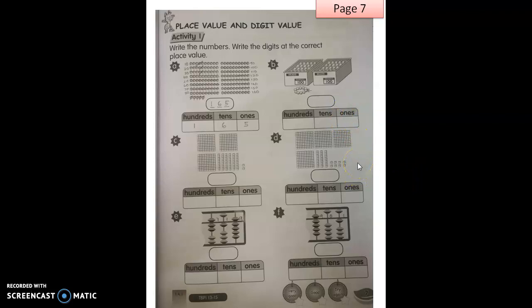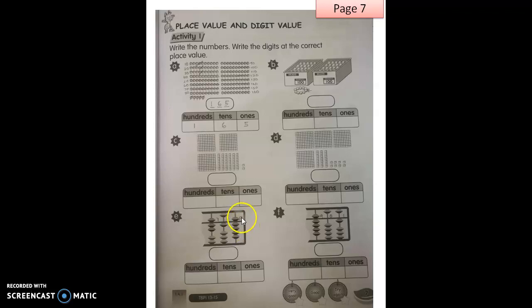Okay, children. The rest of the questions you may do yourself. But before that, I would like to explain about question E. Look at this abacus. Count the beads. 5, 6, 7, 8, 9.